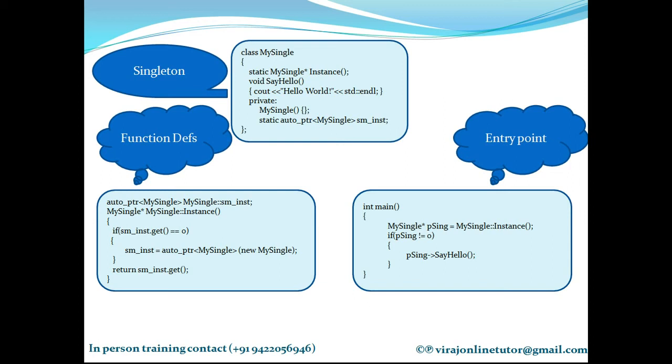Now the main important point here is that the constructor of this class has to be made private. I repeat, the constructor of this class has to be made private.